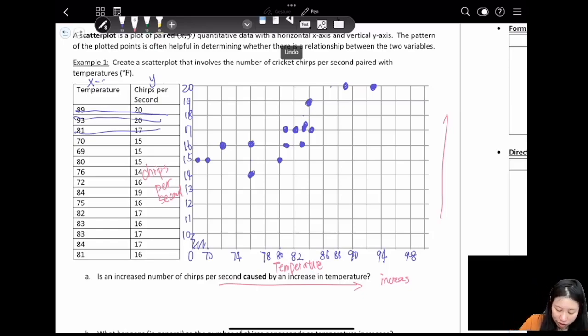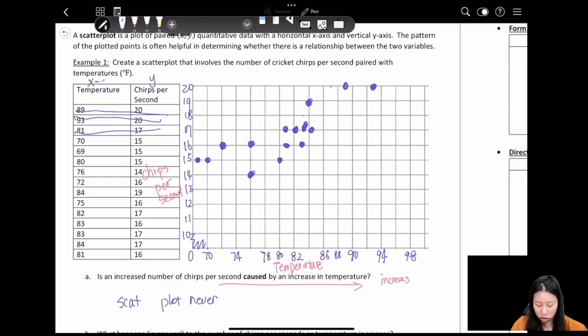No. Remember that scatter plots never tell us the causation. They only tell us the correlation.